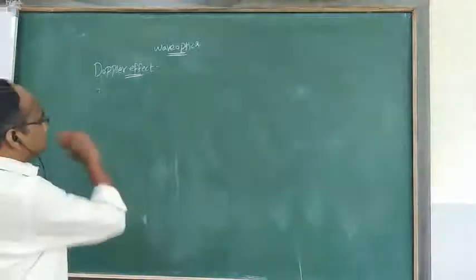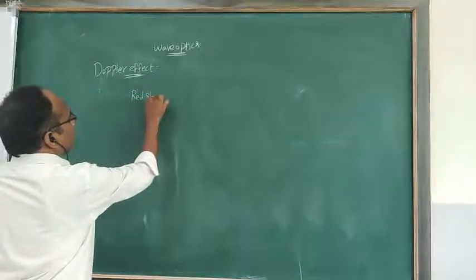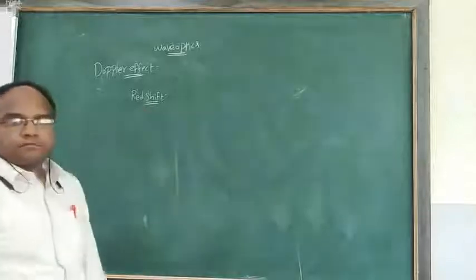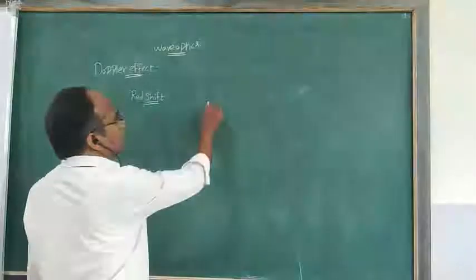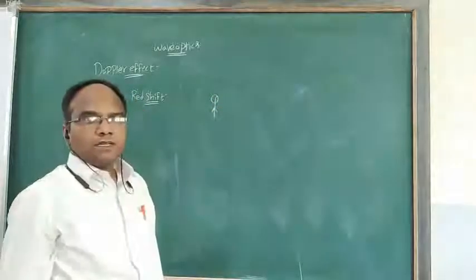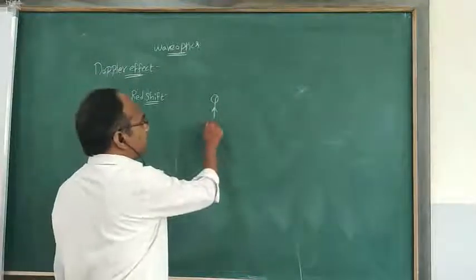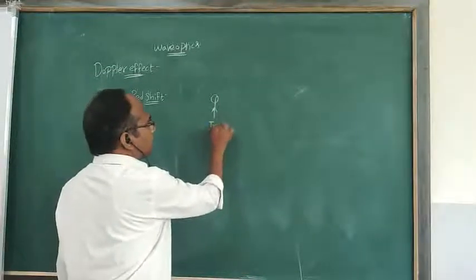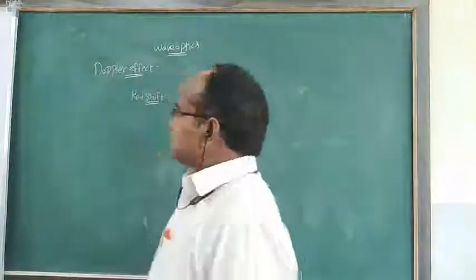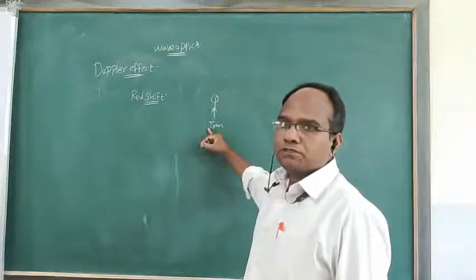Okay, so redshift means what? Suppose the person is here on the platform, as well as the train is also on the platform. So here the observer is the person, the train is the source.